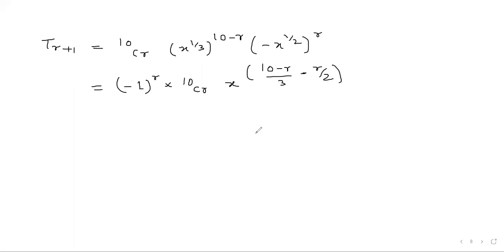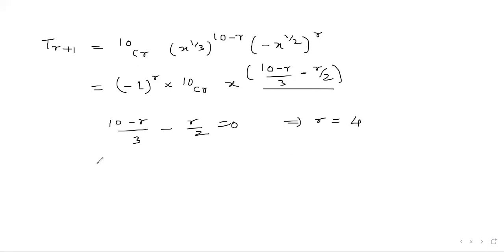Now we need the term independent of x. It means x power, this thing, (10 minus r) divided by 3 minus r by 2, must be x power 0. That is, we are going to equate this to 0. So when (10 minus r) divided by 3 minus r by 2 equals 0, from here we get r equal to 4.